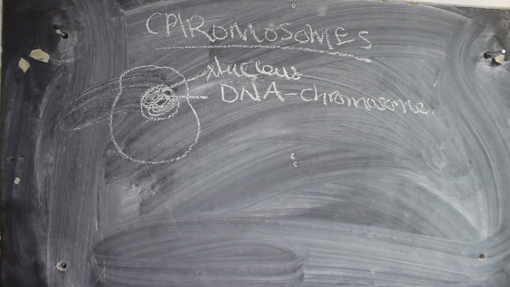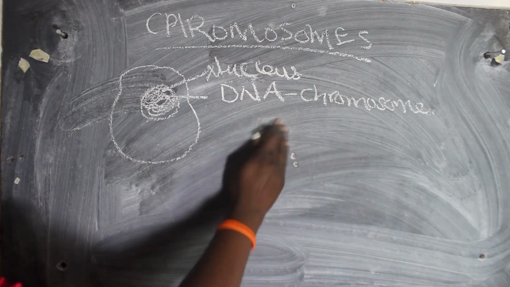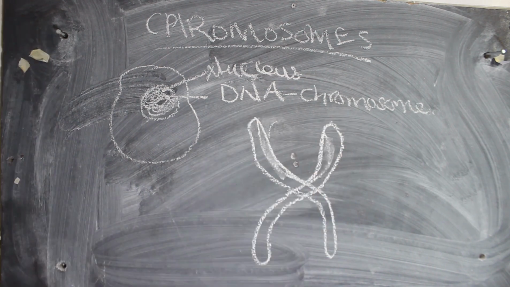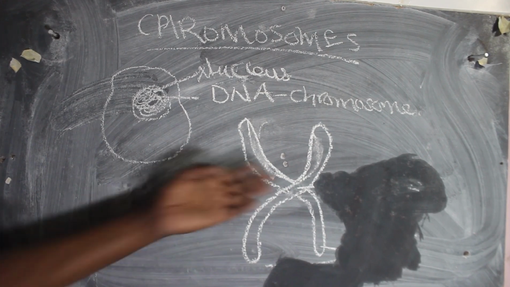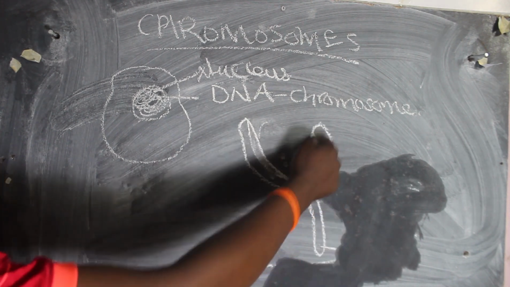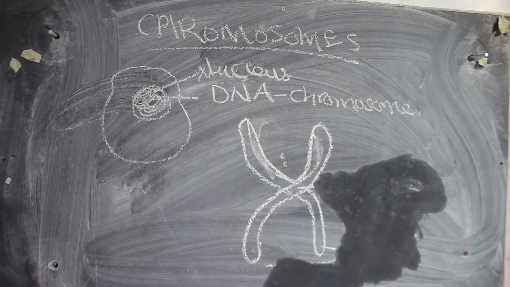Now just to make it easy for you, I'll draw this chromosome. So this is an example of a chromosome. Now this is a single strand and this is a single strand. Each of these single strands is known as a chromatid.